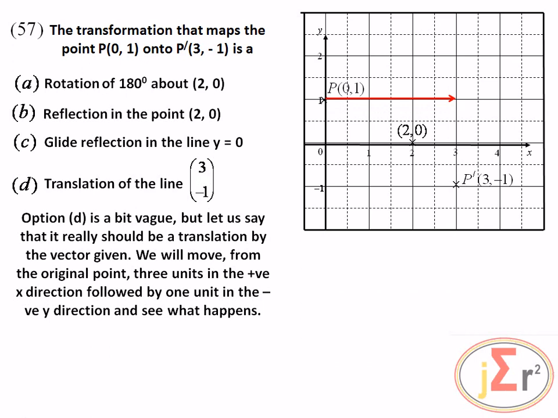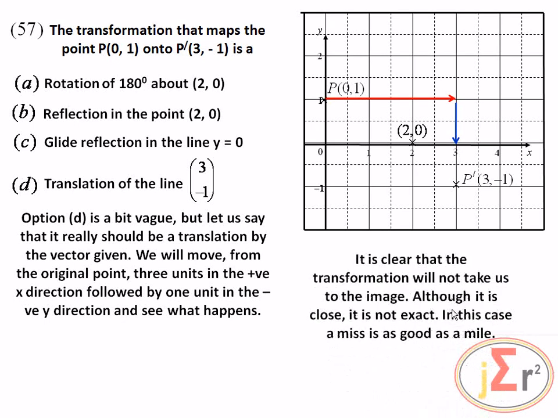Then we will follow that up by a movement of 1 unit in the negative y direction, which will be down, which is right here. So there is where we will end up. It is clear that the transformation will not take us to the image. Although it is close, it is not exact. In this case, a miss is as good as a mile.